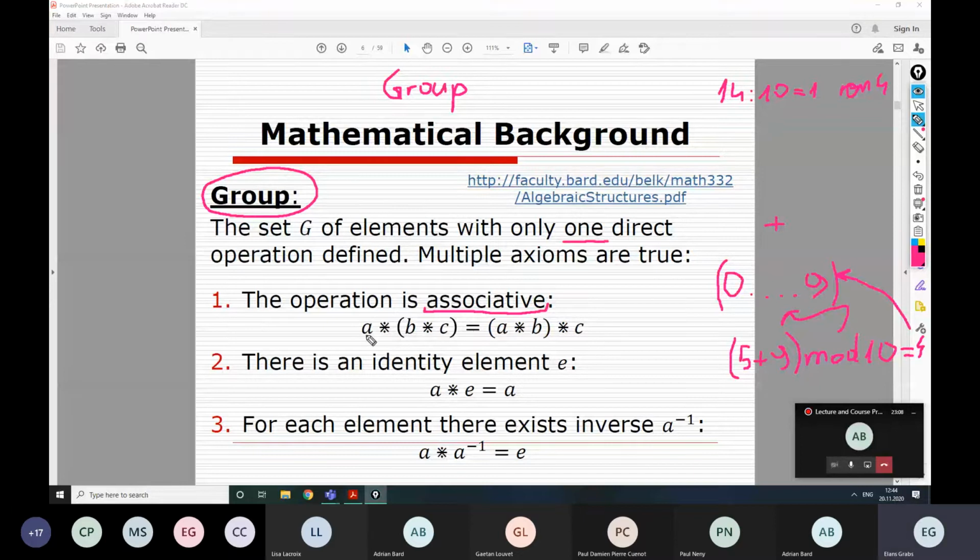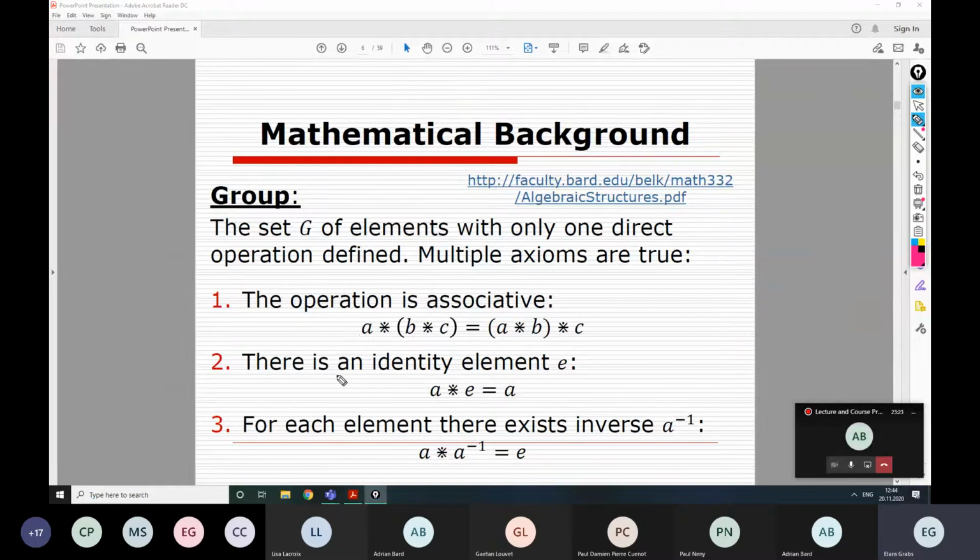For example, if we consider these numbers to be matrices, then it's possible that it wouldn't work, yes? So, the next axiom is the identity element. It must be included in this set of elements. So this set must include some identity element which, when an operation is performed with any element, wouldn't change the value.